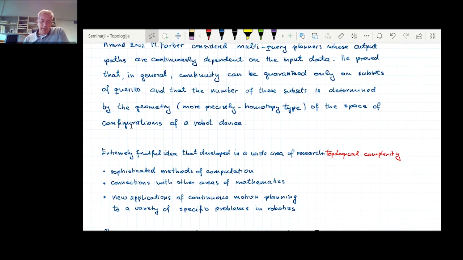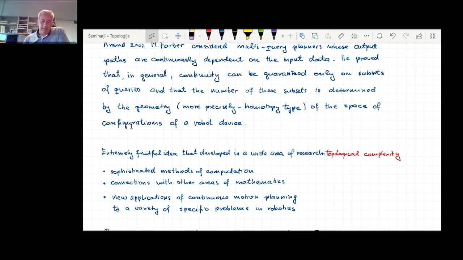Then a big part of this topic is to find connections with other areas of mathematics. It has connections with differential topology, with geodesics, then with algebra when you compute topological complexity of groups. So there are many articles, many papers treating these things.